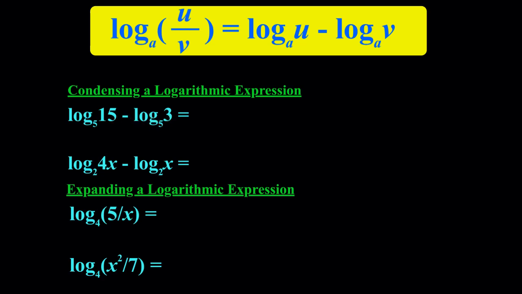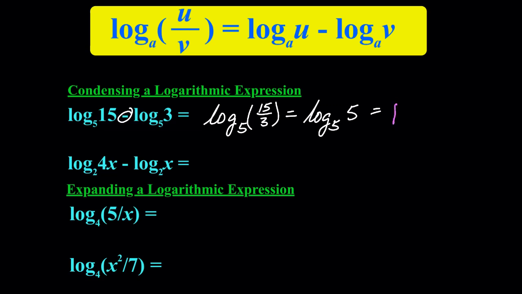Because we have subtraction right here, we can combine these into log base 5 of 15 divided by 3, which is log base 5 of 5. And you should know that the log base 5 of 5 is equal to 1 because 5 raised to the first power is equal to 5.